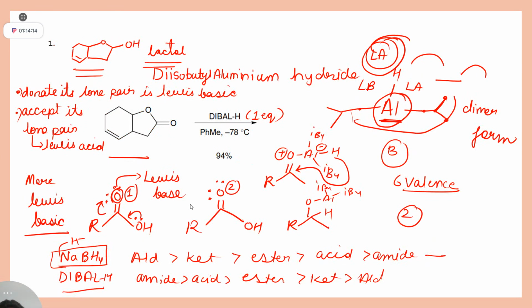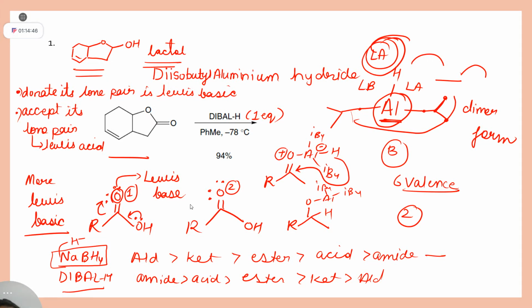Students, in today's class, I have started with reducing reagents based on aluminium, DIBAL-H. I have told the mechanism. It is an electrophilic hydride source. It first coordinates with the carbonyl oxygen, then it delivers hydride. So basically, the rate-deciding step is to which carbonyl it will bind.